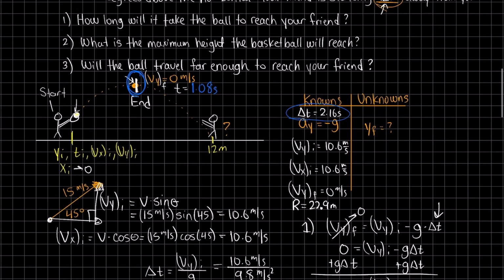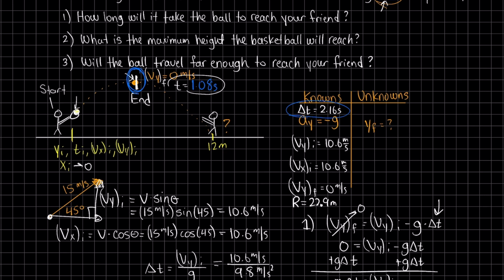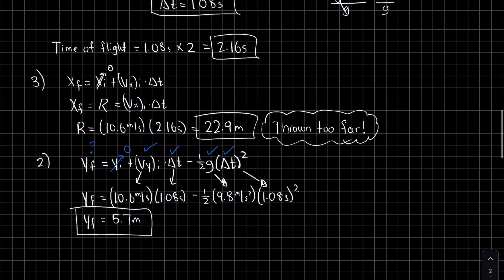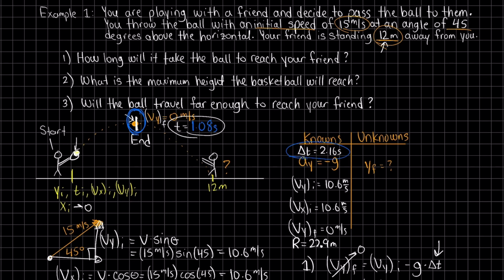For example, if I did not use the 1.08 seconds in my last calculation and instead used the 2.16 for the total time of flight, that would be an invalid use of the time of flight concept. If I had used the 2.16 seconds, I would be calculating the height at the very end of the motion.